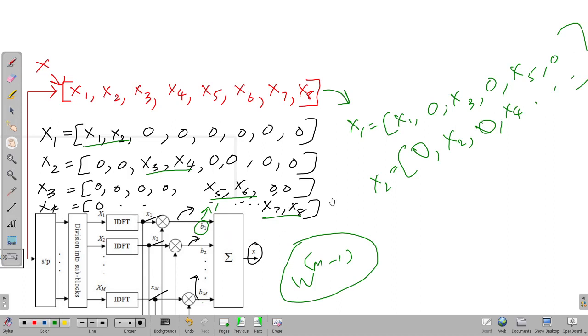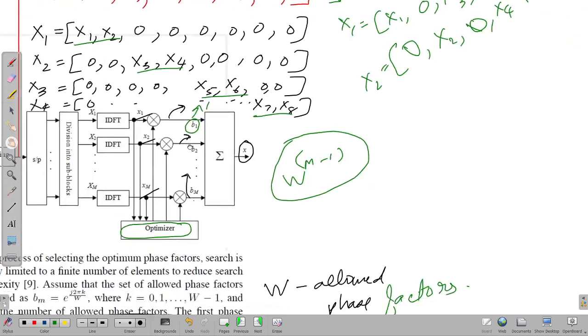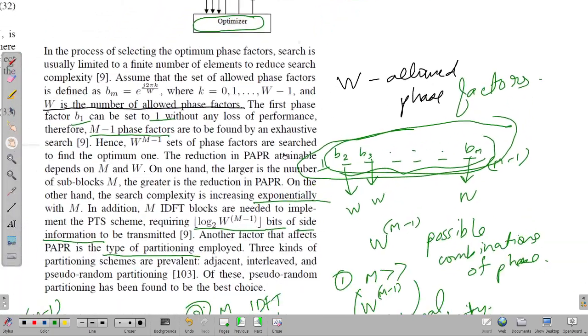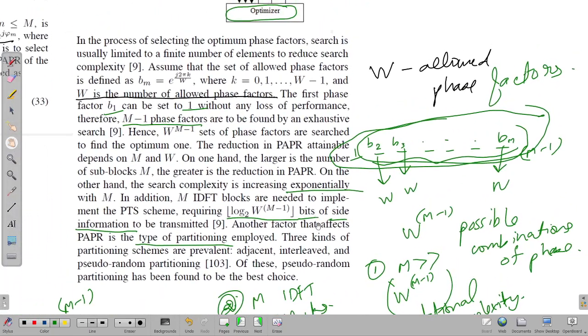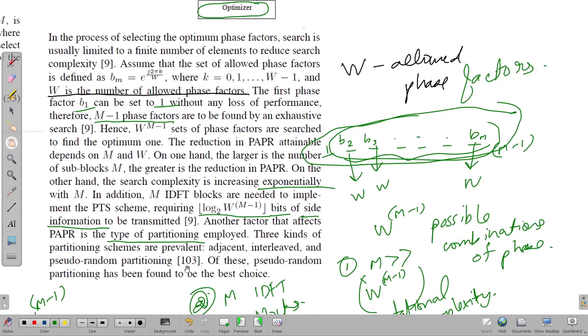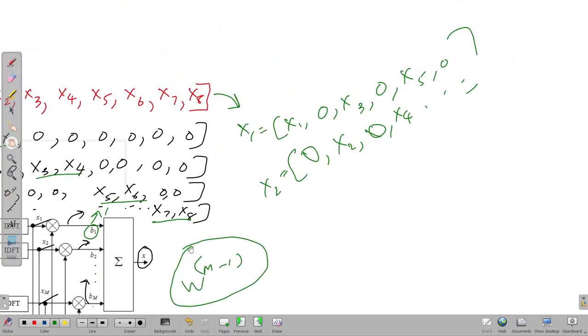Even then the subblocks will be orthogonal to one another. Or a pseudo random partitioning can be done, where the signals are orthogonal but don't follow any pattern.